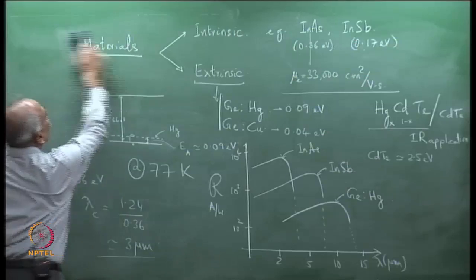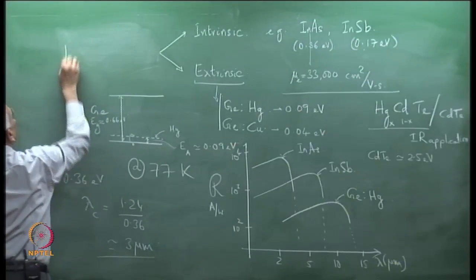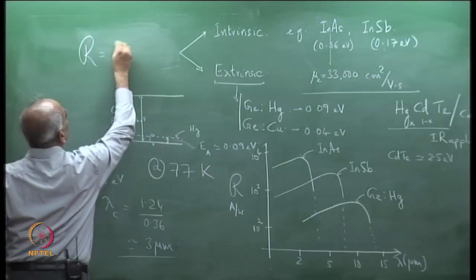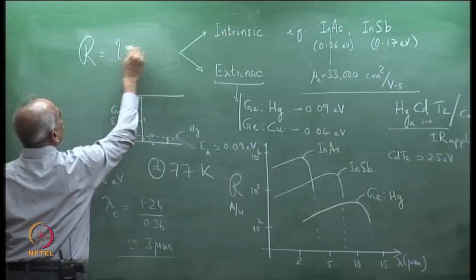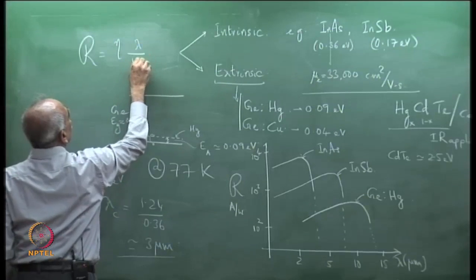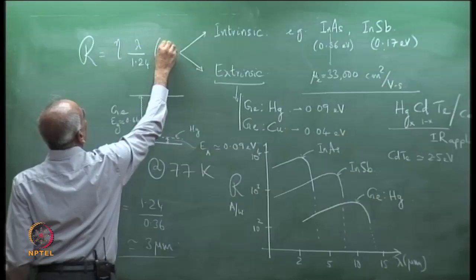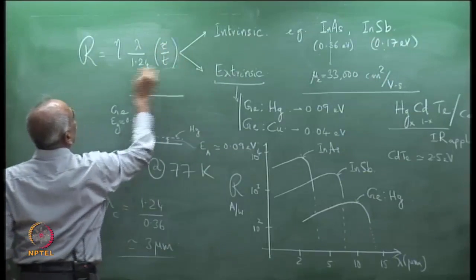If you recall, the responsivity R is equal to eta into lambda divided by 1.24, into tau divided by T.